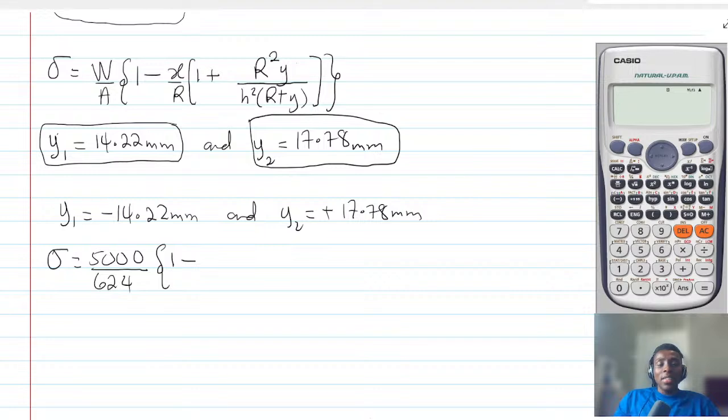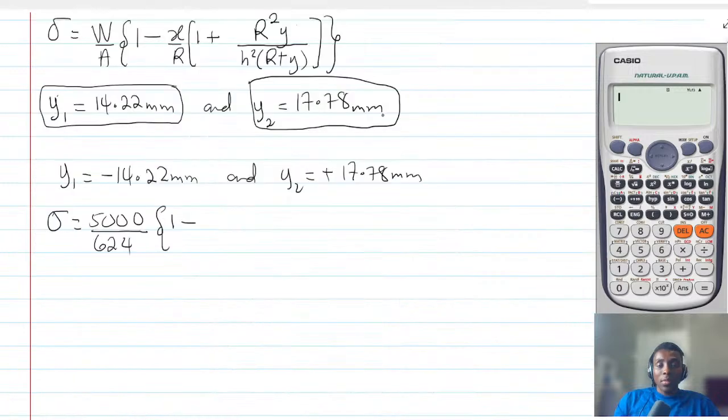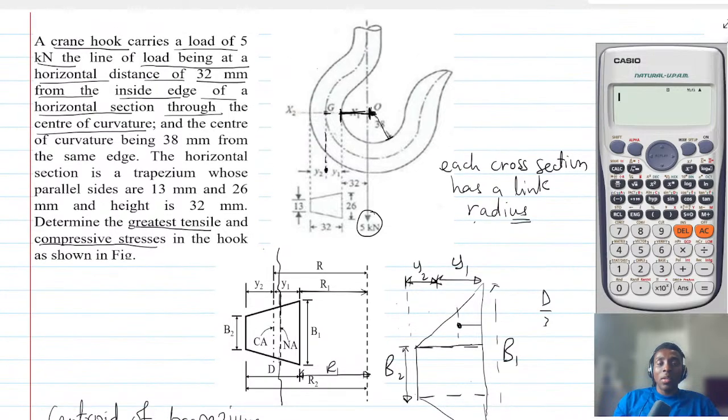The x, in this case, is going to be 38. Because if you look at the diagram, the x is this distance, but then you can see that we have x2 and then we have x1.